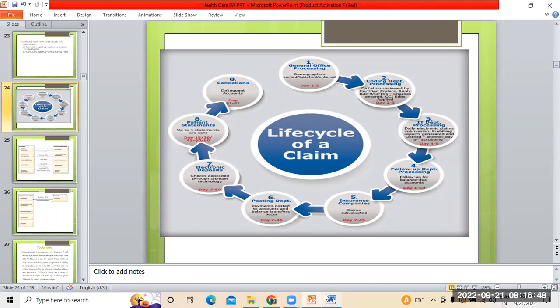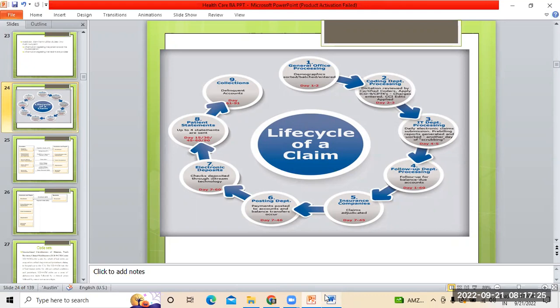For example, when a healthcare provider has sent a request to the insurance company, the kind of code number we use is different. At the same time, whatever you receive from an insurance company in terms of receivables, the code number will be separate. So for every process, there are some codes which we generally use. That is what we generally do here.